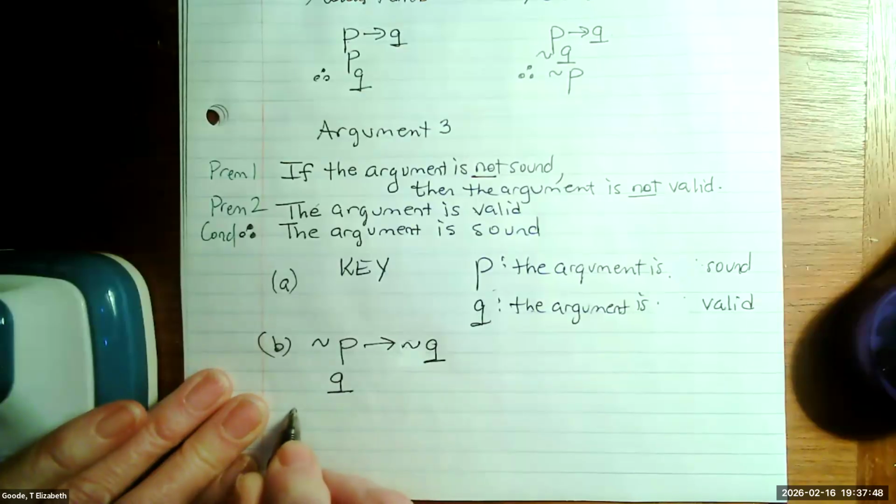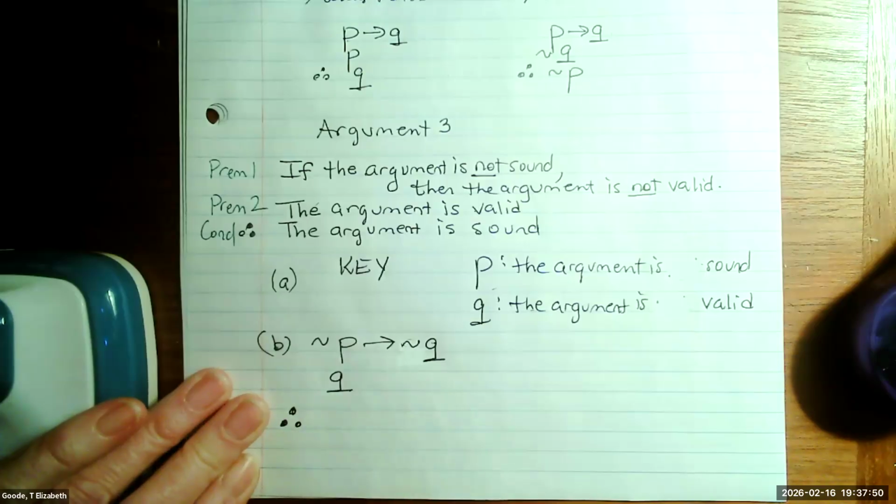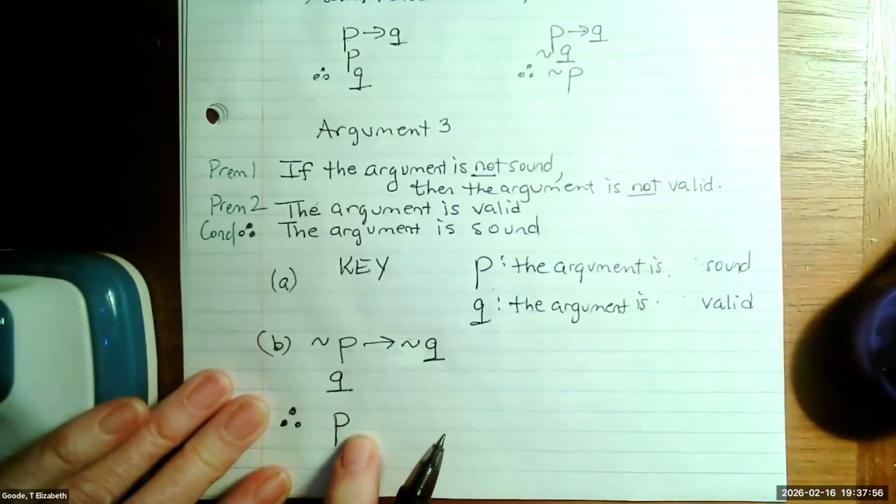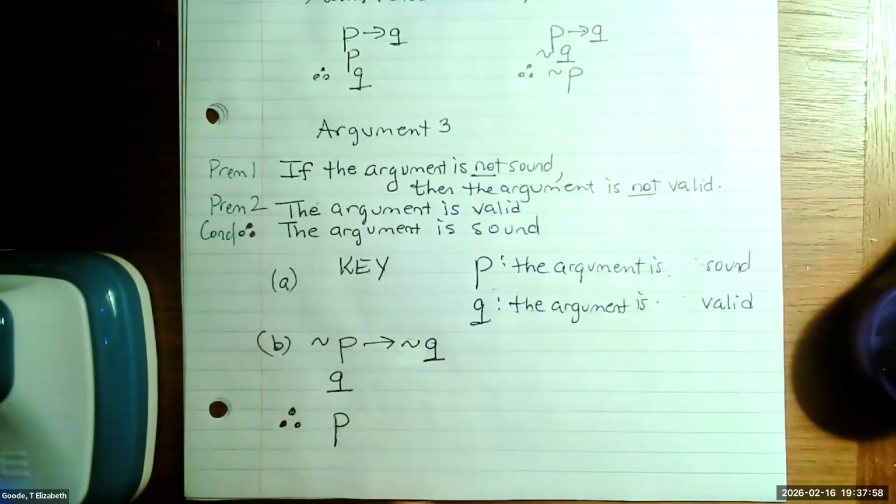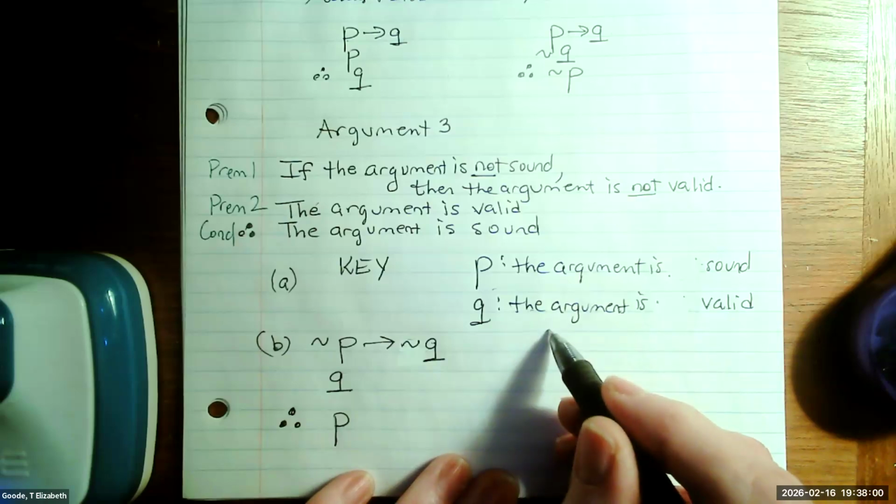So the argument is valid, so that's Q. And then what's our conclusion? P. All right, so that doesn't look like one of our argument forms until you realize this.